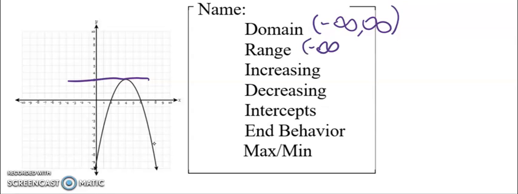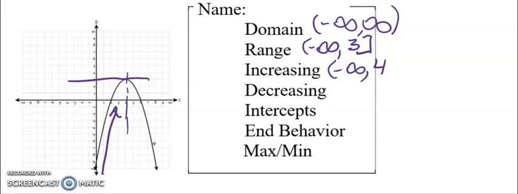So we go from negative infinity to 3, and we include 3. This graph, like the absolute value, moves upward first. So increasing from negative infinity till we get to 4 on the x. And then we turn and we go in the opposite direction. So decreasing from 4 to positive infinity.